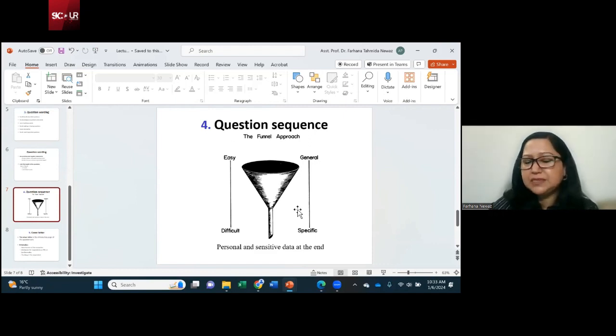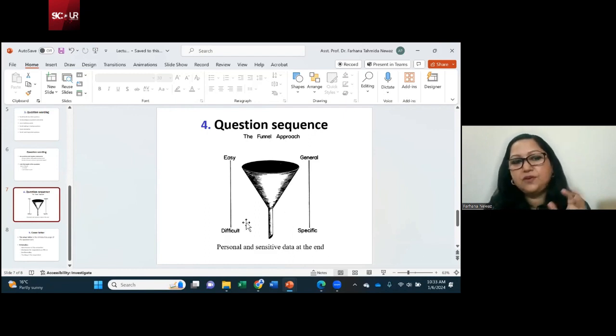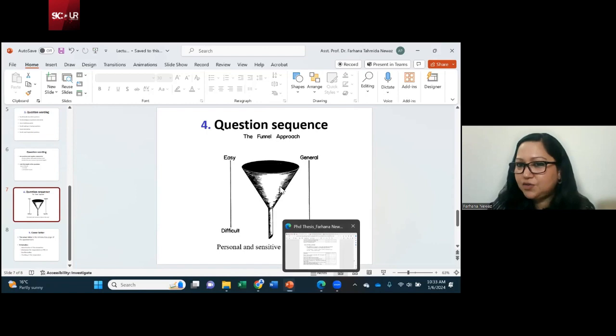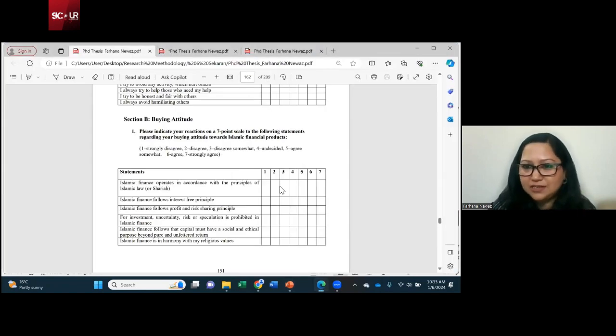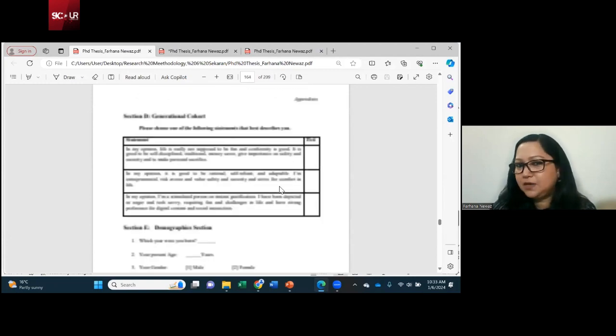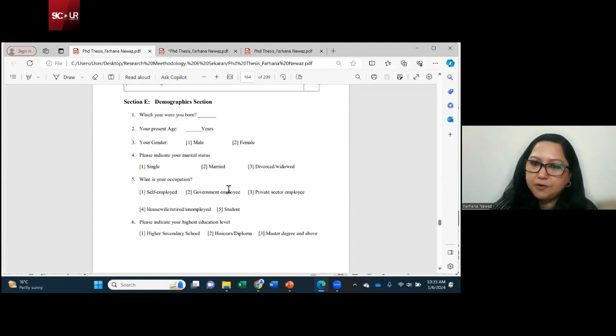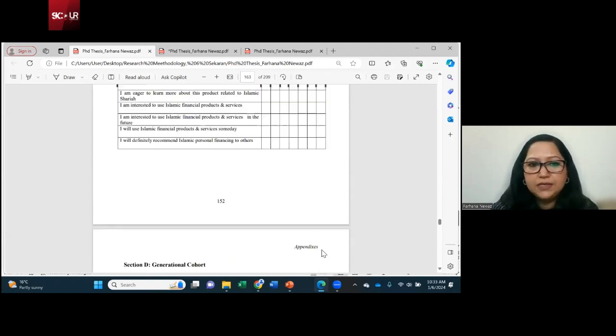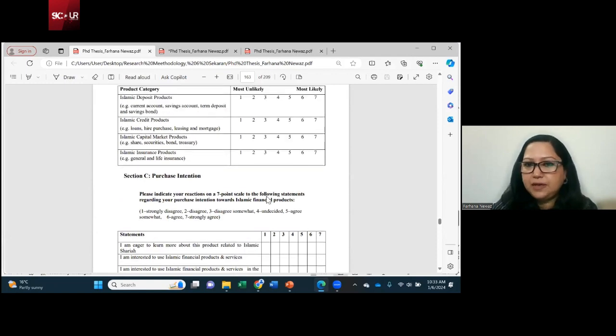Usually, and this is not about right and wrong, but I prefer you ask the questions related to all your variables or constructs first, and then use the general questions, like your demographic questions. Some researchers start with the demographic questions and then ask the questionnaire for the variables.